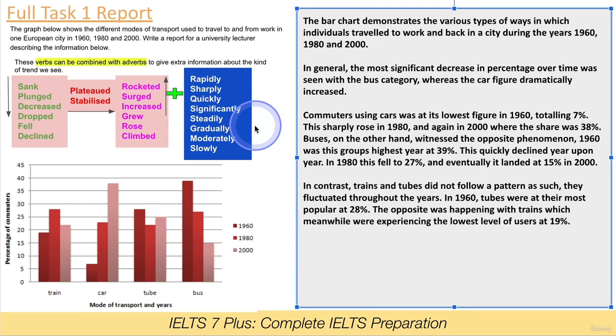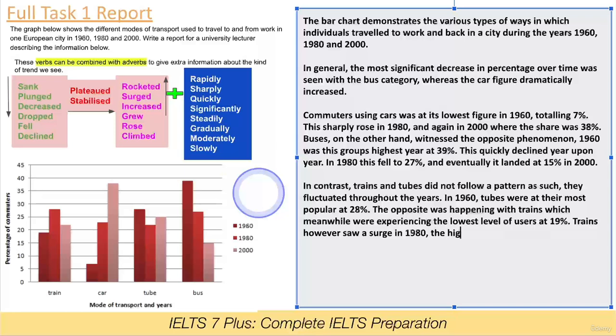Okay, so let's talk about trains rise, tubes fall, and then 2000. So trains, however, saw a surge in 1980.